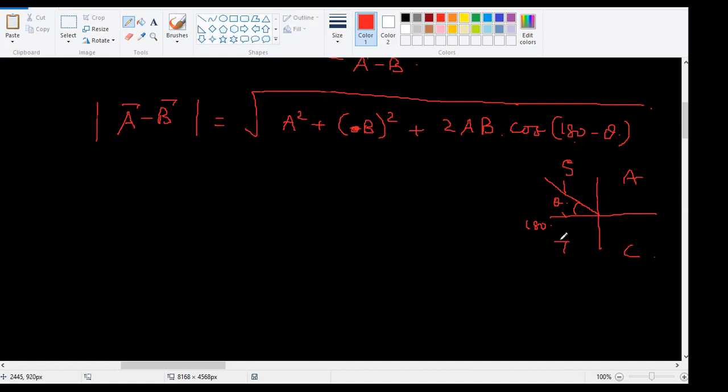Sine is positive here, tan is positive here, cos is positive here. So that means cos is negative here. So cos 180 minus theta will become cos theta, but with the minus. You will be studying this in your mathematics. Trigonometry, I think they should have started it right now, the very first chapter, I think.